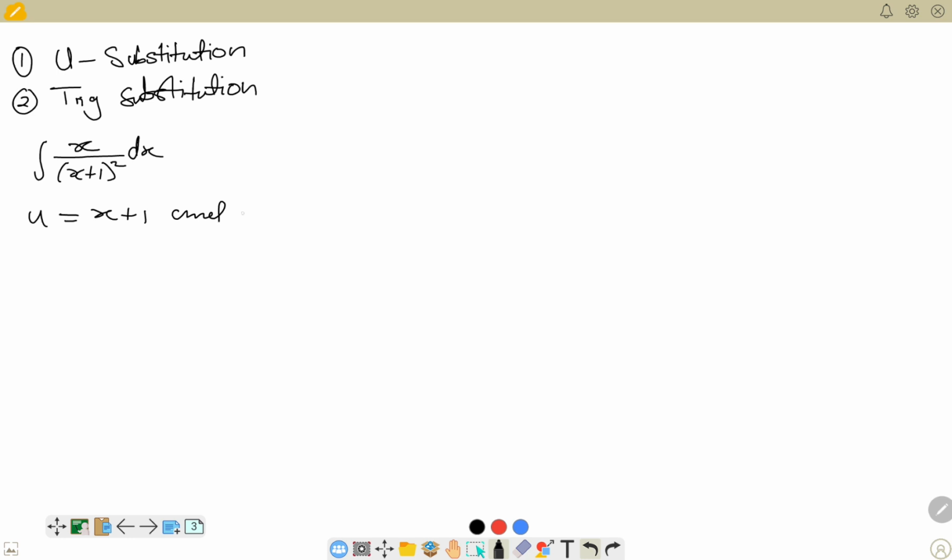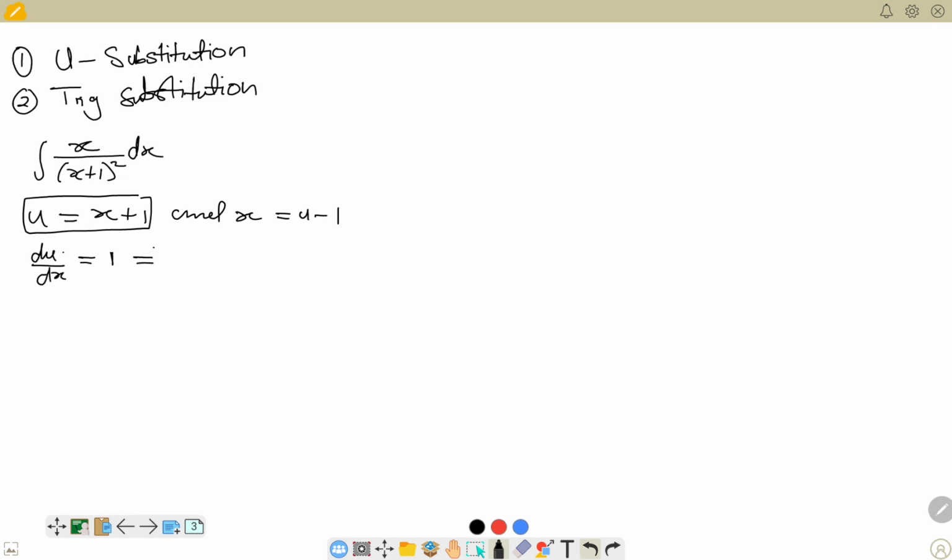And now, when we solve for x there, we get that x is actually u minus 1. And then, when I differentiate this now here, I'll get that du over dx is actually going to be just 1.